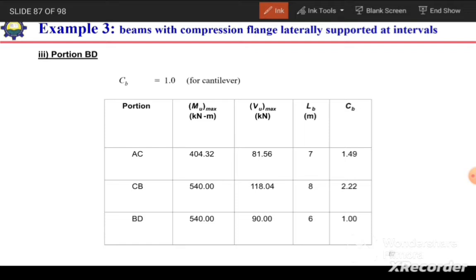In this case BD has the least value of CB, so there is the most probability that BD will be the most critical segment, because these two have the same moment but the difference of LB is small compared to the difference of CB. So we can assume that this BD section is the most critical segment.